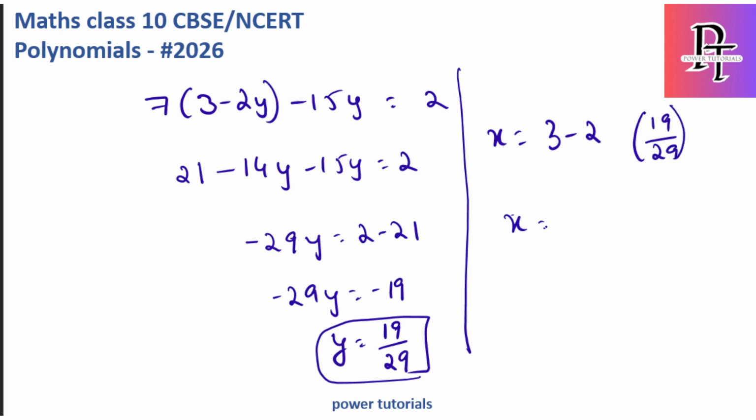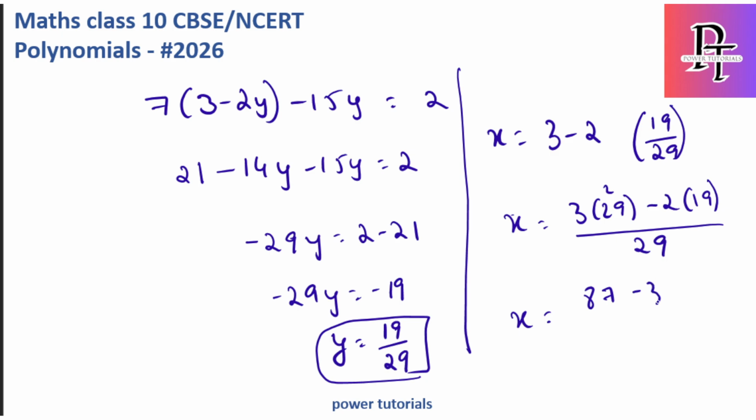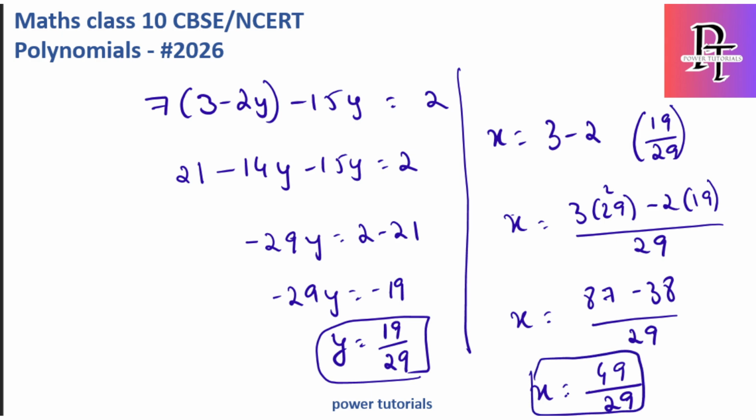If I take the LCM, I get (3 into 29 minus 2 into 19) by 29. 29 threes are 87, minus 38 by 29. So the x value is 49 by 29. The final solution we got is 49 by 29 comma 19 by 29.